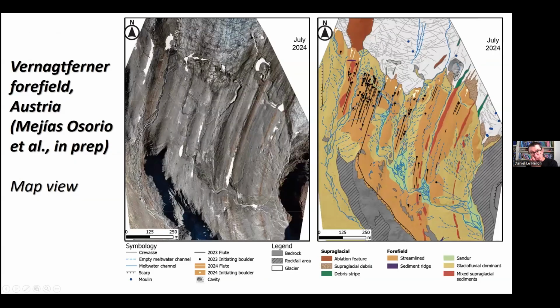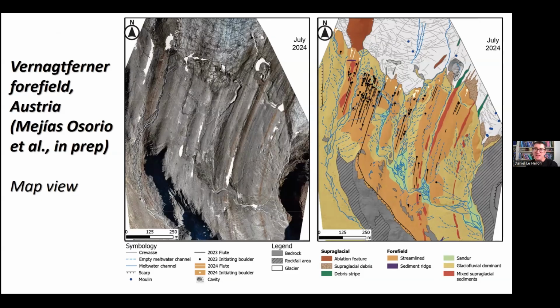And Paulina has been doing a wonderful job of mapping the Gepatsch forefield. This is the same area I had in my first shot, this oblique view from the drone, and exquisite detail with regards to mapping these glacial lineations. And we can see what happens to them as they form from one year to the next over time.